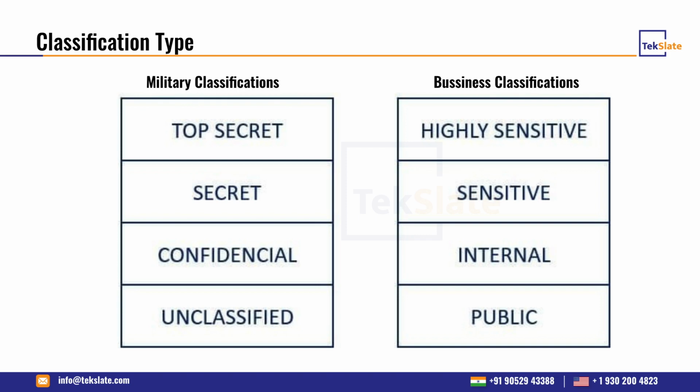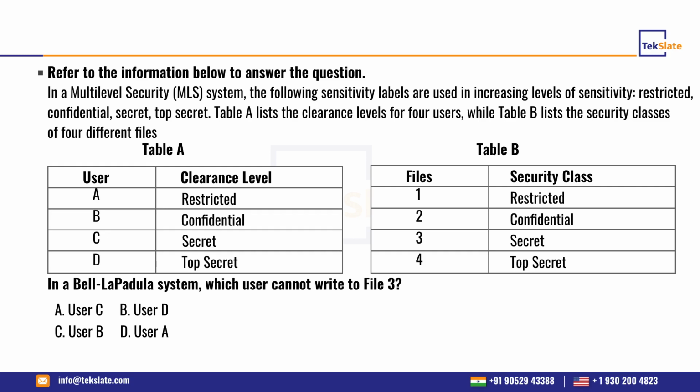So let's go into the question. Here it is, right? You will get these types of questions in the exam. You have to identify the main principle being followed, and this is a very technical question, not management. So let's read the question.